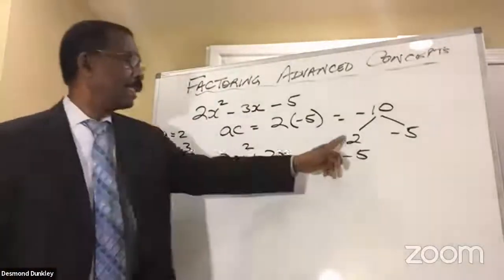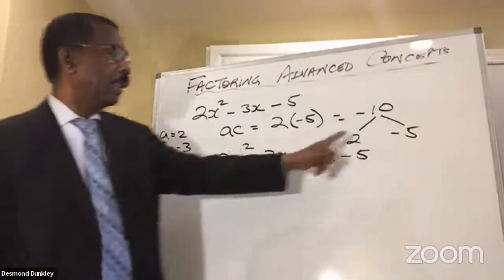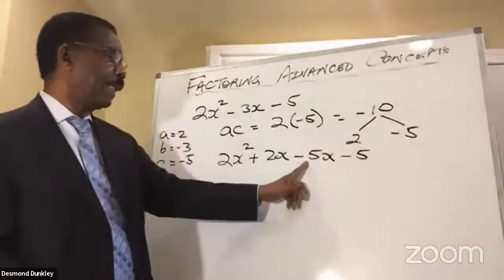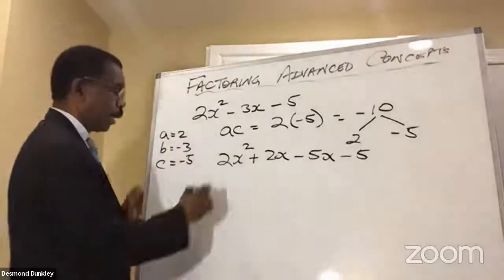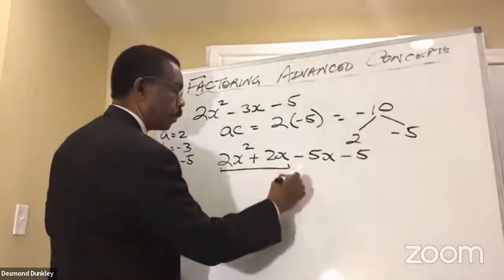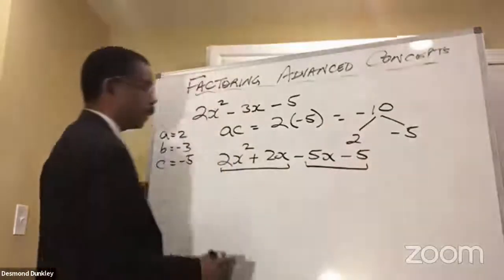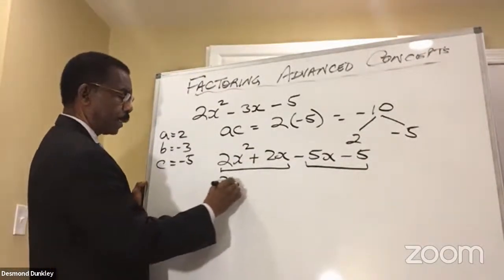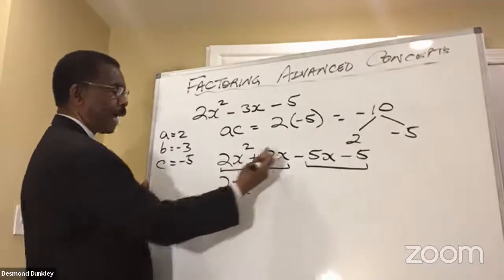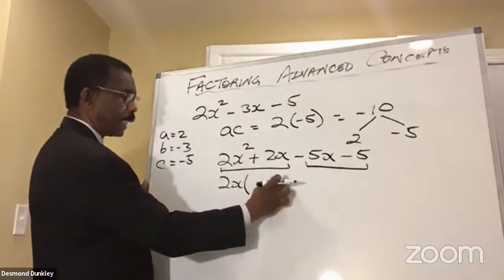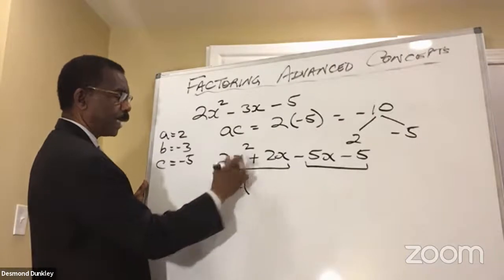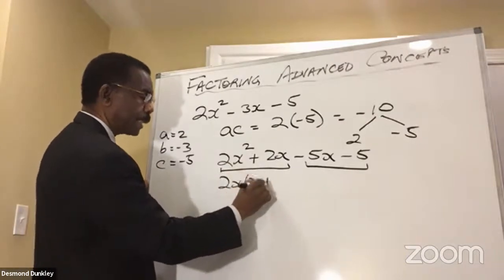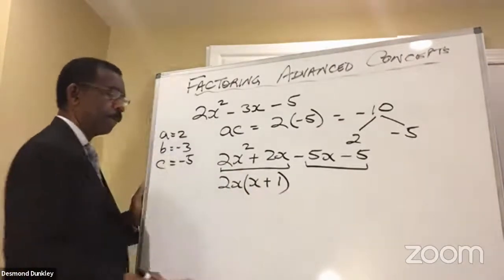Again, the 2 is positive, so it's positive. The negative 5 is negative, so it's negative 5x. Okay, we group these two, and we group these two. What is common to these two things? 2x. When I factor out the 2x, what is left inside? Factor out the 2x out of 2x squared, we end up with x plus 1.